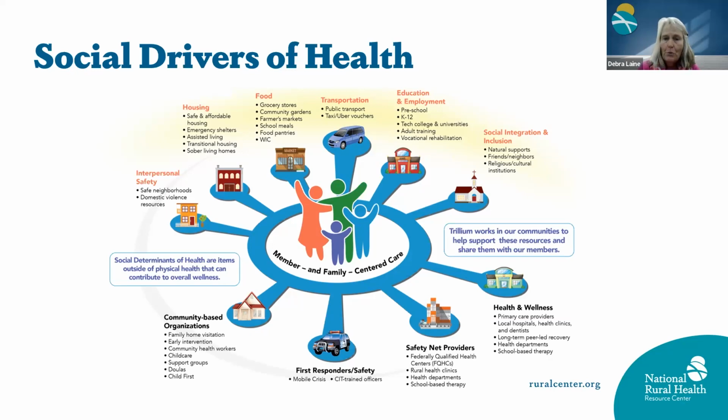If it's housing, you might want to include emergency shelters, assisted livings, long-term care, along with housing authorities or transitional living. These are just a few examples. By completing the potential partners discovery tool, you can identify those community entities that address various social drivers of health.